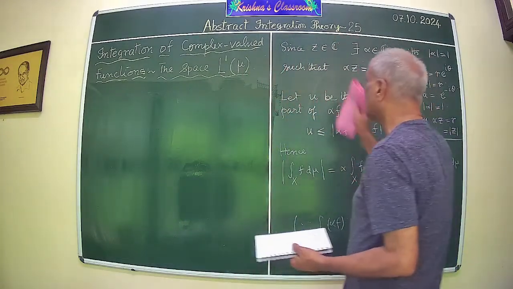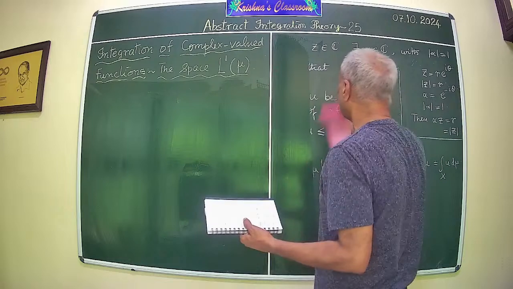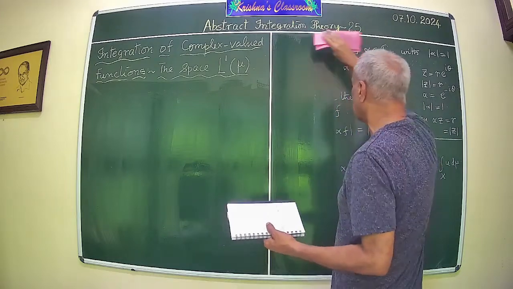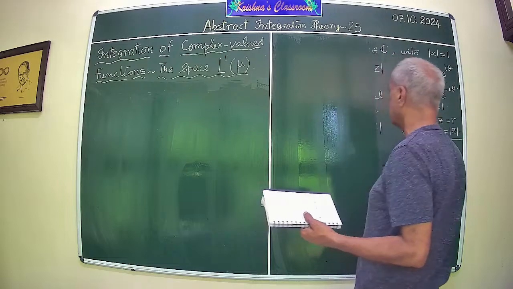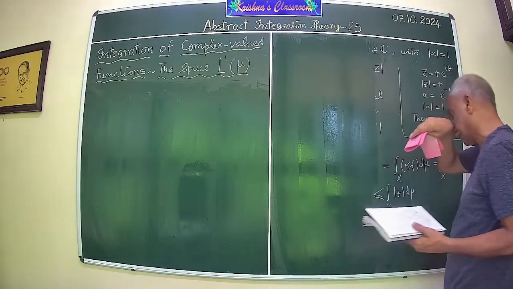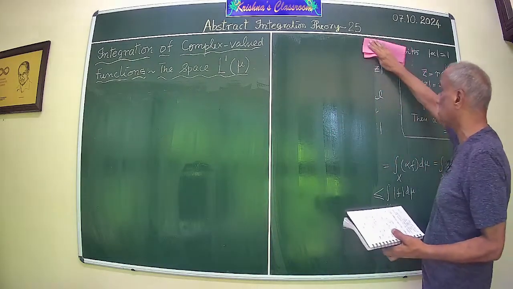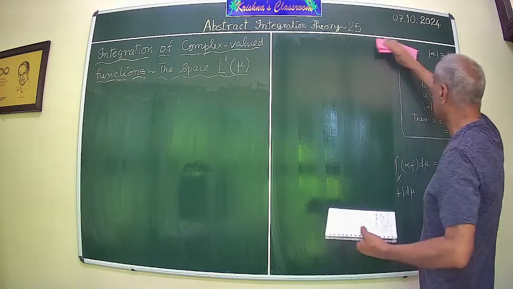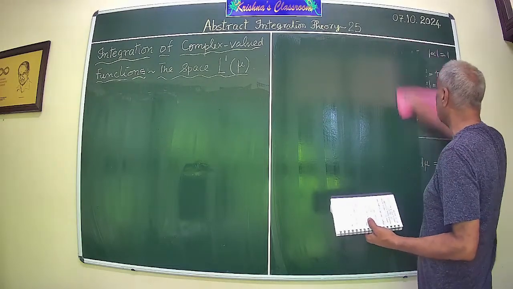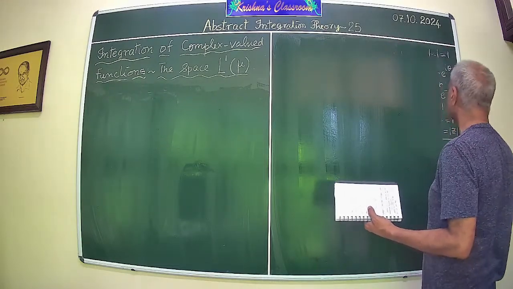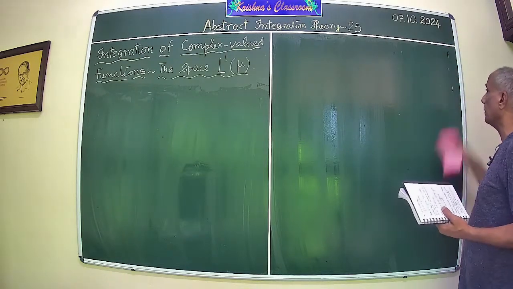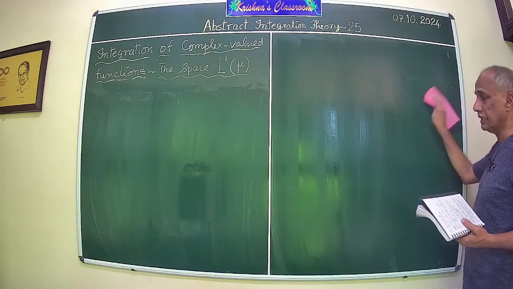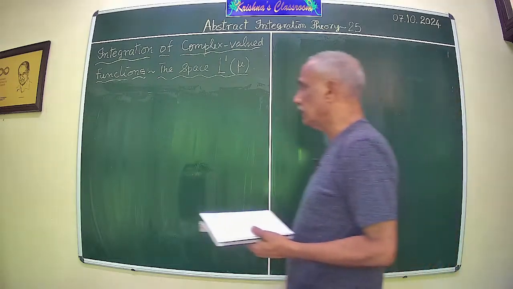Right? In the monotone convergence theorem, we had fn, we were considering only non-negative functions. So fn was a sequence of non-negative measurable real valued functions with the property that it is monotonically increasing.